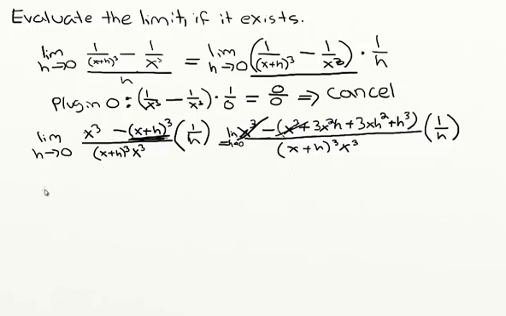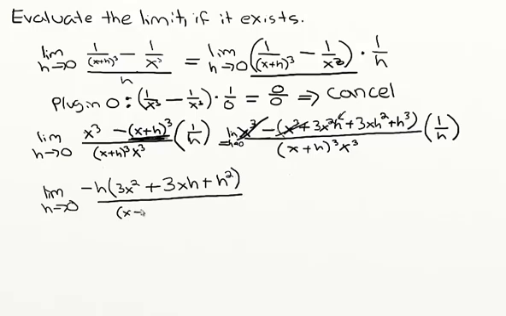Okay, so we're going to pull that h out, and we'll get the limit as h approaches 0 of, still have that negative there, h times 3x squared, right, because we had 1h here, plus 3xh, because we had h squared, so we're only taking 1 out, and then we have plus h squared instead of h cubed. And then this whole thing over x plus h, that quantity cubed, times x cubed. And then 1 over h there.